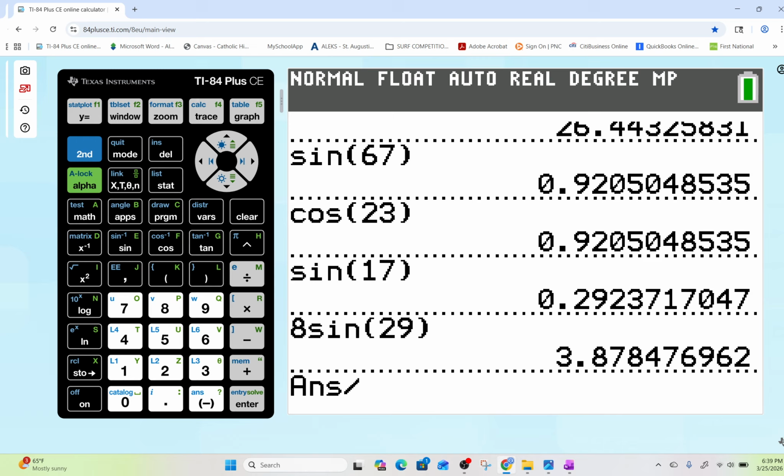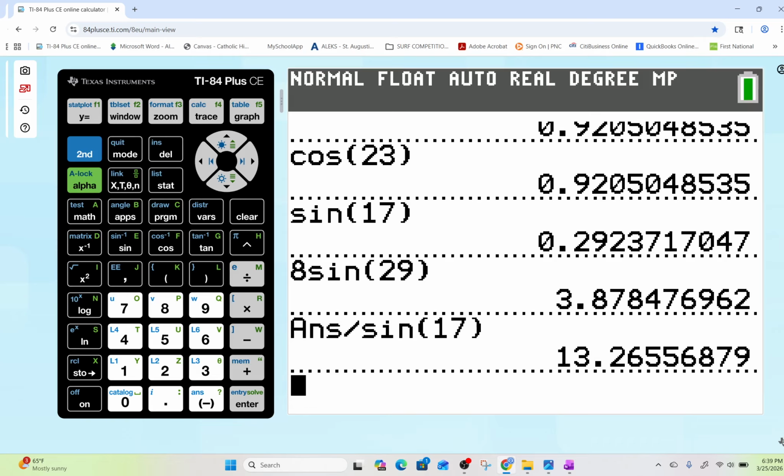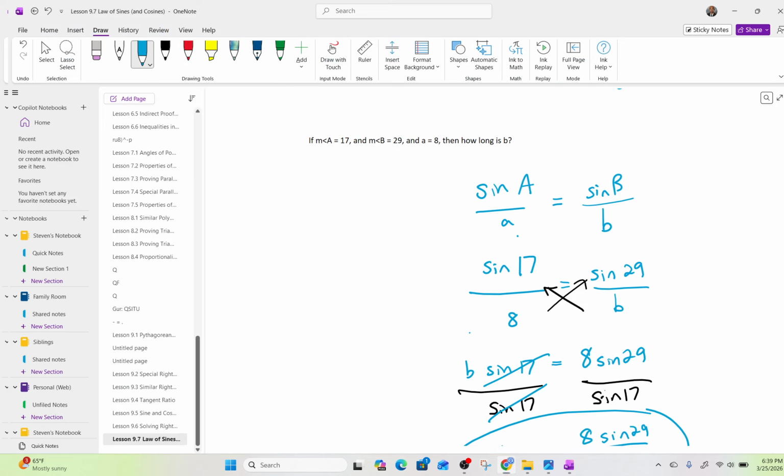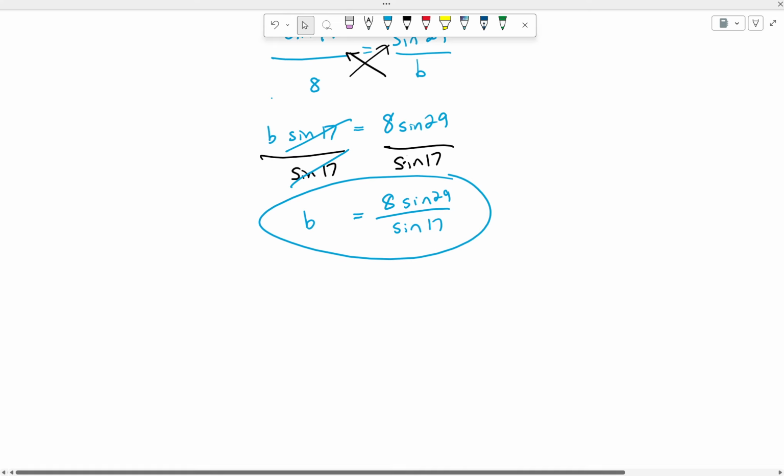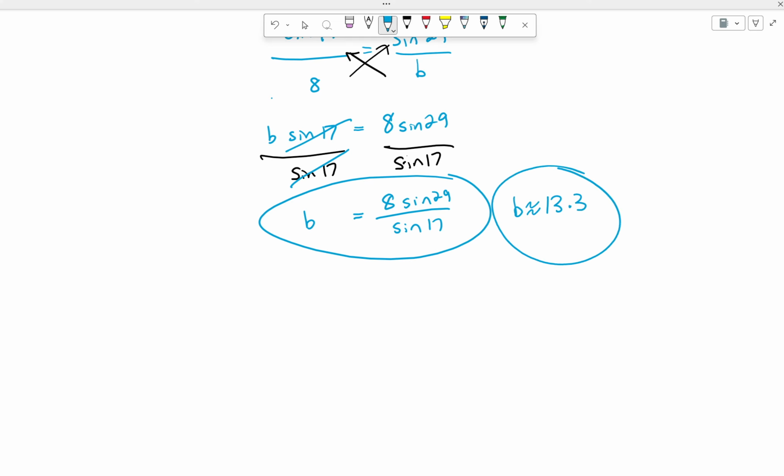So it automatically just put in the numerator 3.8784, etc., etc. And then I need to divide this by the sine of 17. Okay? And that will give me about 13.26. And remember that we're going to round these to the nearest tenth for a side. So B is about equal to 13.26, which is 13.3. And I, of course, need both of these.